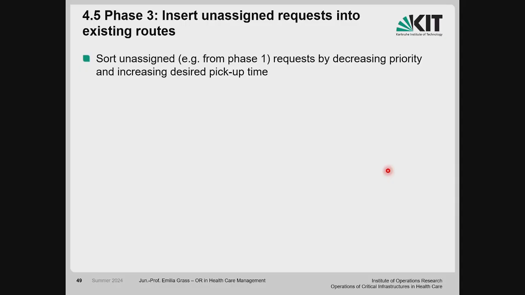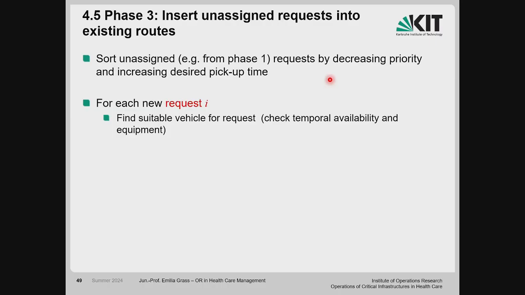So how to insert these, let's say, bad requests? The general idea is first take requests which we like, so there's no delay. That was from phase 1 and 2. And now how to assign these bad requests. First of all, again, sort unassigned requests by decreasing priority and increasing desired pickup as before. So the patients that have higher priorities and earlier pickup time should be prioritized.